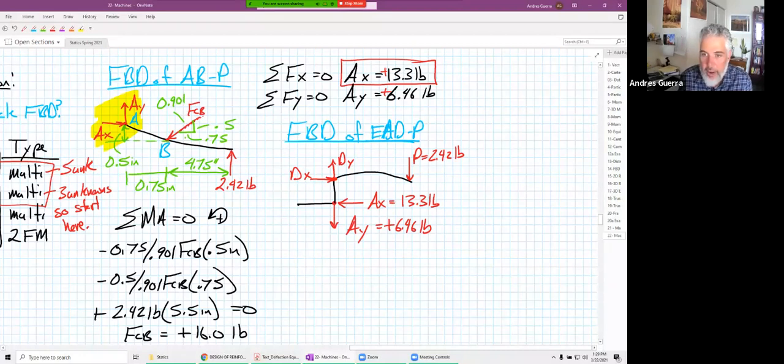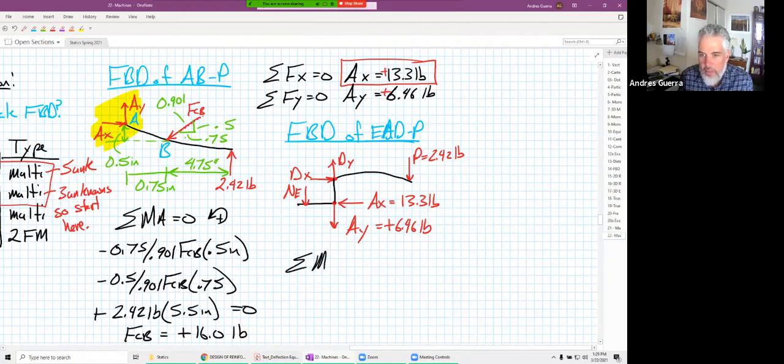Okay, so we have AX and AY, and then we have the normal force over here at E, which is going down because this is the force from the twig acting on the jaw of those pliers. We again have 3 unknowns in this FBD.